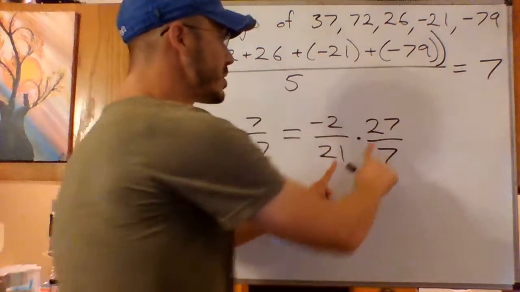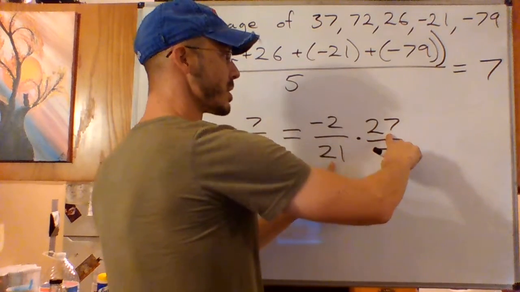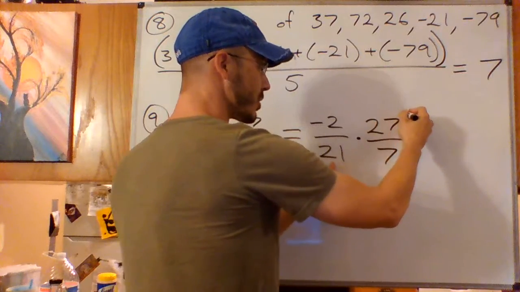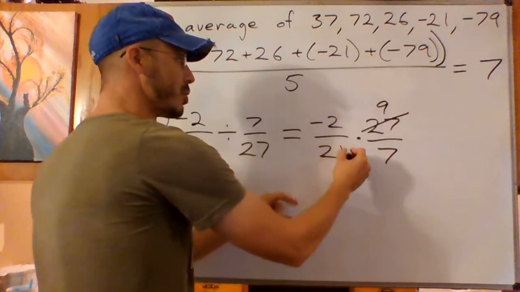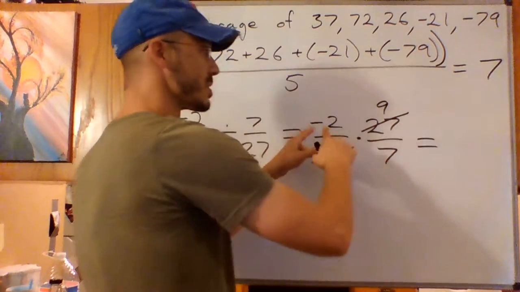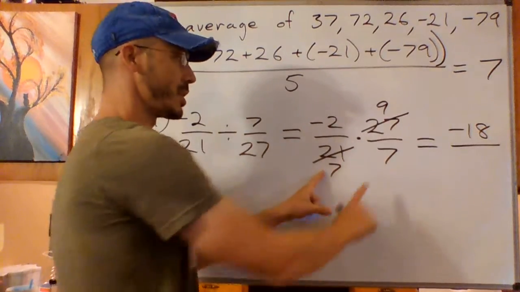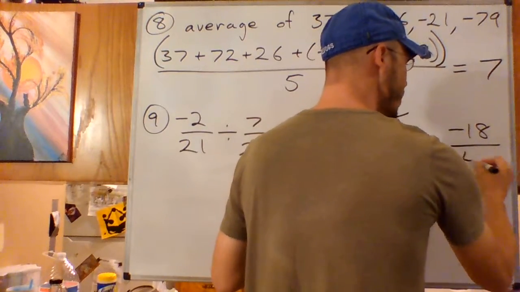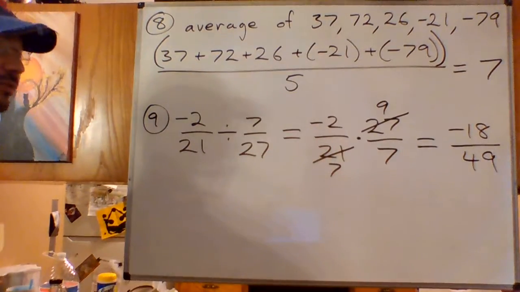Here, these two numbers each have a factor of 3. And I'm going to cancel that. So if I take a factor of 3 from 27, 27 is 3 times 9. And 21 is 3 times 7. What's left upstairs is negative 2 times 9. And downstairs, 7 times 7 is 49. So negative 18 49ths.